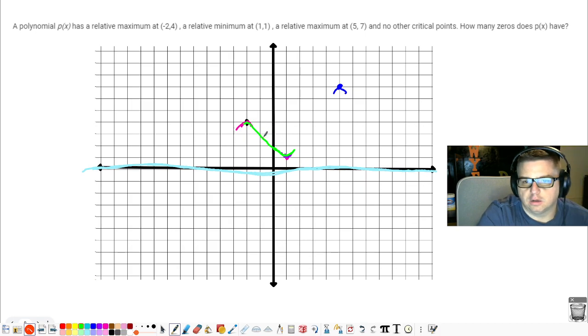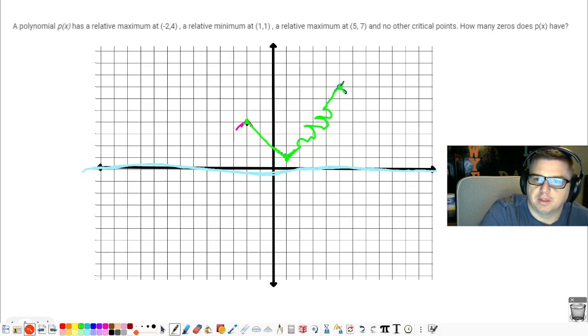It could do a whole lot in between these two points, but at the end of the day, they are staying between here and here because this is a maximum, this is a minimum. Same thing with this. This could do something, and then it's going to hit here, and that's going to be that.